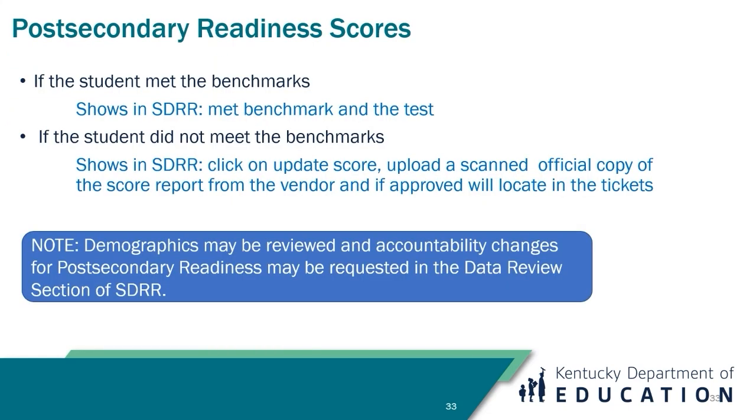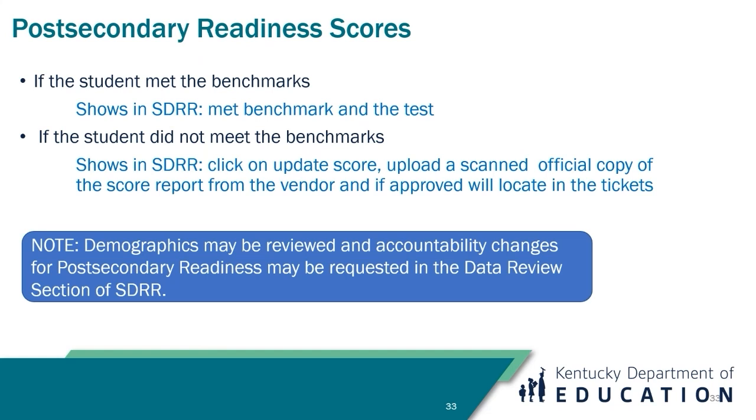Now, post-secondary readiness scores. If the student met those benchmarks previously in academic readiness, it'll show in SDRR the met benchmark and the test. If the student did not meet the benchmark, it shows in SDRR where you can click on and update a score.